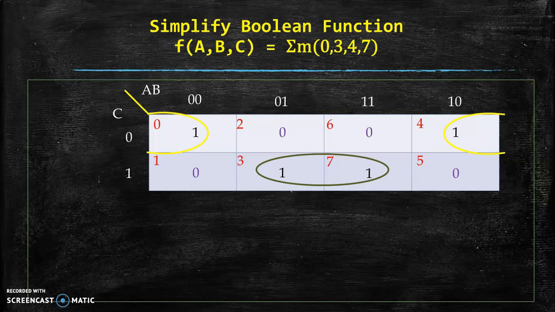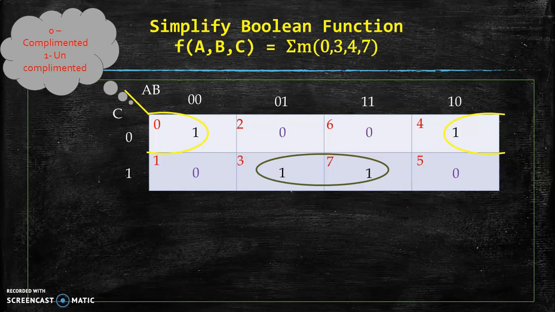Now, after making groups, we have to write the product terms. We have 2 pairs, so we will prepare 2 product terms, and we have to add both the product terms to make the final simplified output. We have 3 variables ABC, but we know that when we prepare a pair, we can eliminate 1 variable.